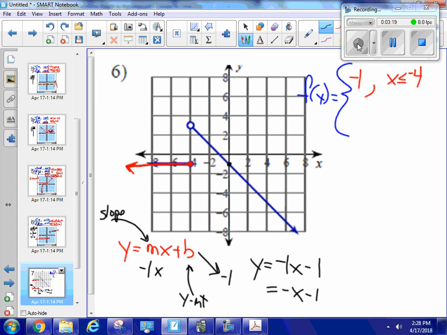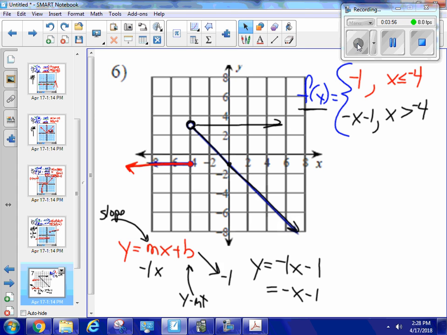So my second piece is -x minus 1, but only for x's that start at -4 and go positive, because all these are positive x's here. I want x greater than -4, not greater than or equal to, because it was an open circle. So that's how I would define this function algebraically.